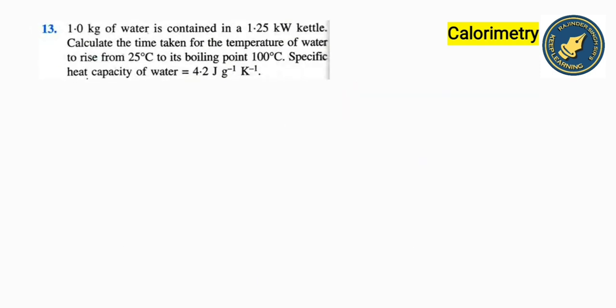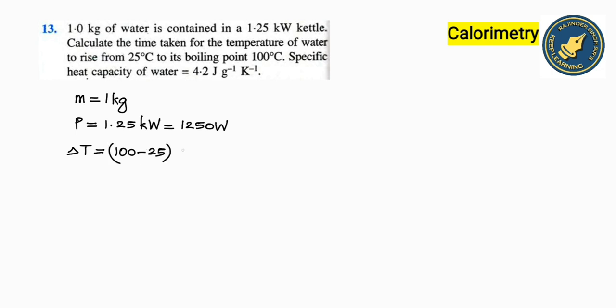Question number 13. 1 kg of water is contained in a 1.25 kilowatt kettle. Calculate the time. So let me write the data. 1.25 kilowatts multiplied by 1000, you get watts, SI units. Delta T, big minus small, 25 to 100. So big minus small, that is 75 degrees Celsius.